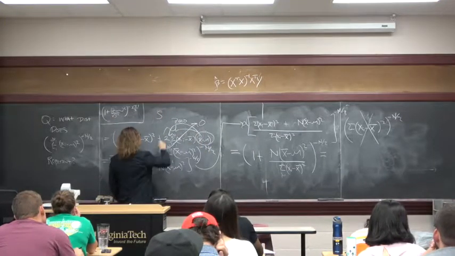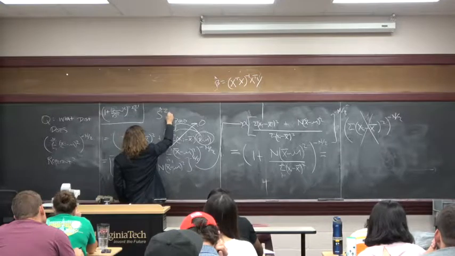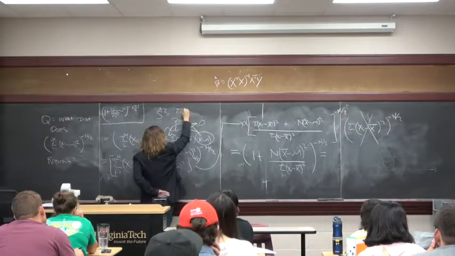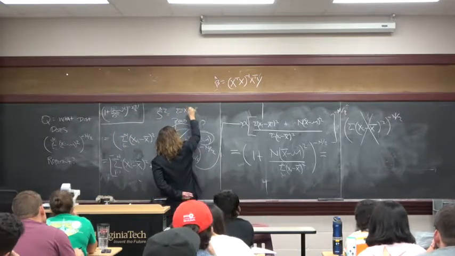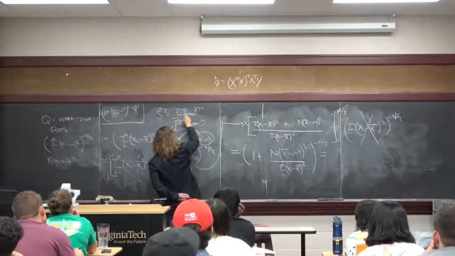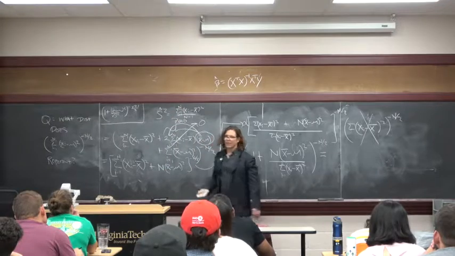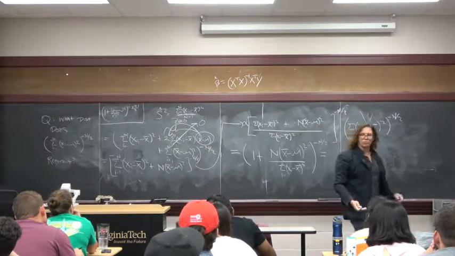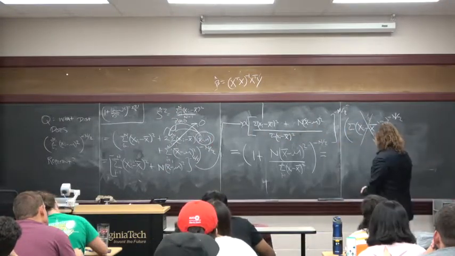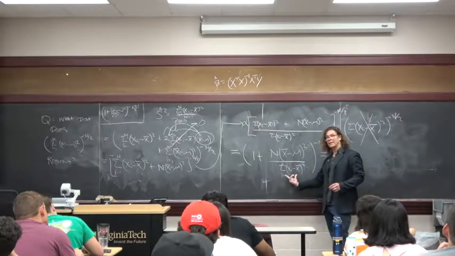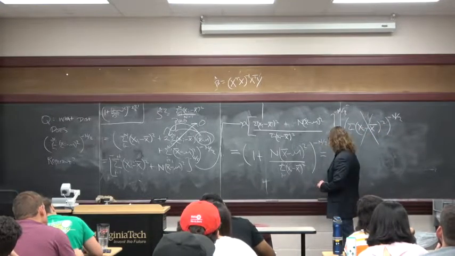So we usually do something like this. S squared hat is equal to the sum of the xi's minus x bar squared divided by n minus 1. This is a typical scale estimator. It's the unbiased one. So I see something that looks like that right here. I'm going to replace its name.